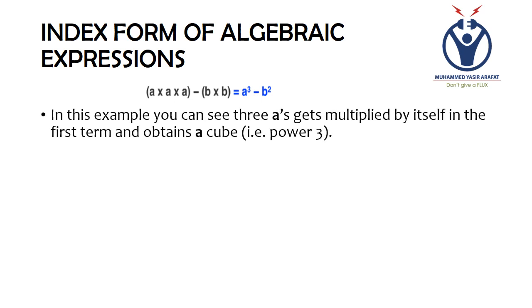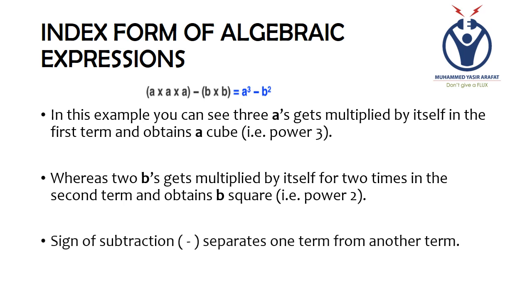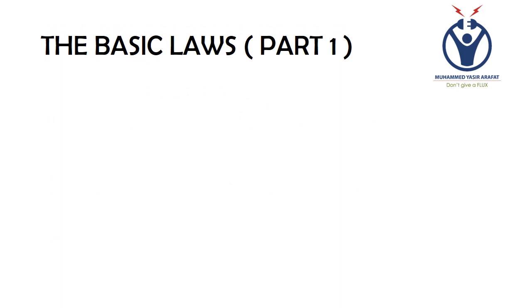In the first term, 3 a's are multiplied together, giving a cube, whereas b is multiplied by itself 2 times, giving b square in the second term. The subtraction sign remains by default from the question.